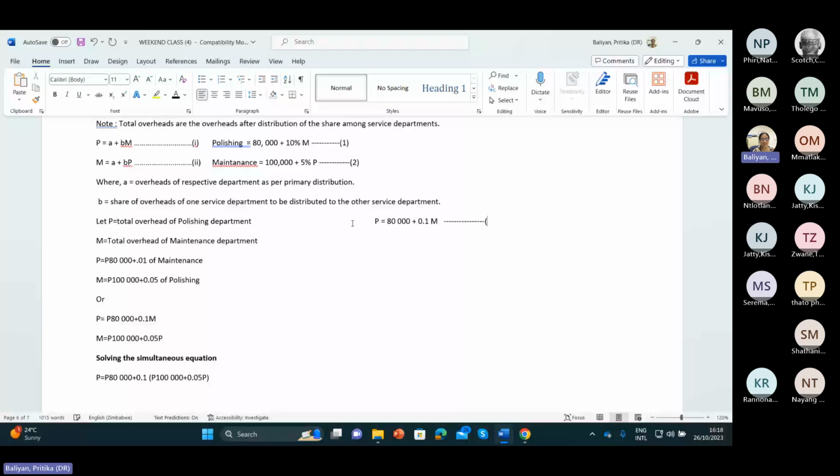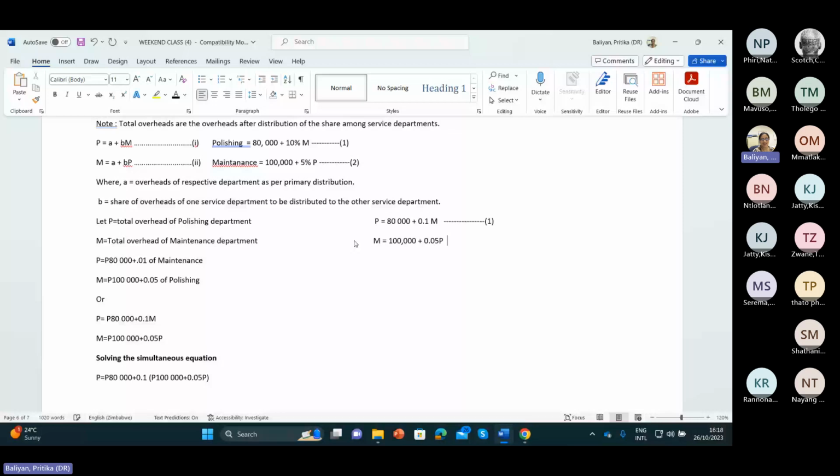And equation 2, you will create like this. M is equal to 100,000 plus 5%. So how do you simplify 5%? 5 over 100 equals 0.05 P. So that will be your equation 2.